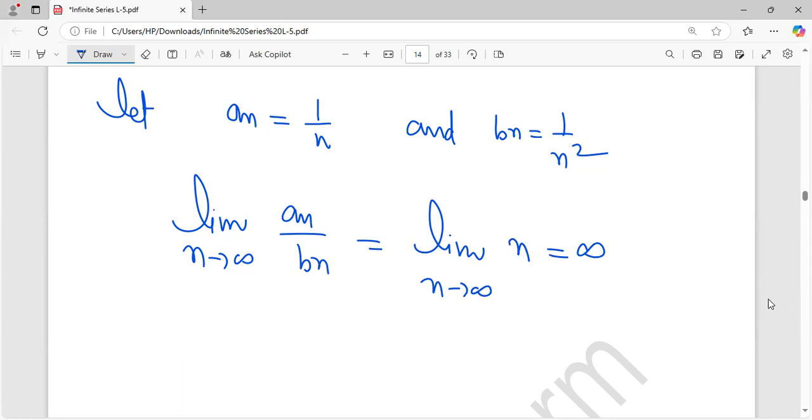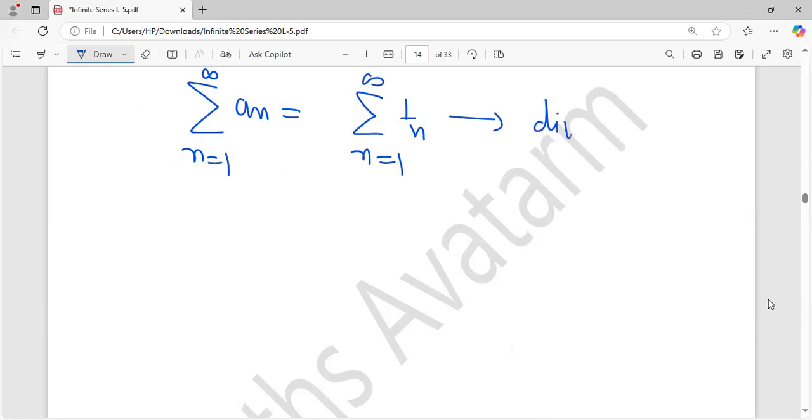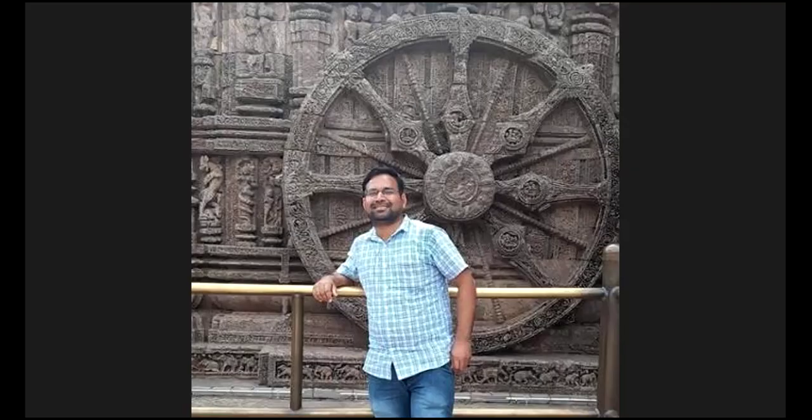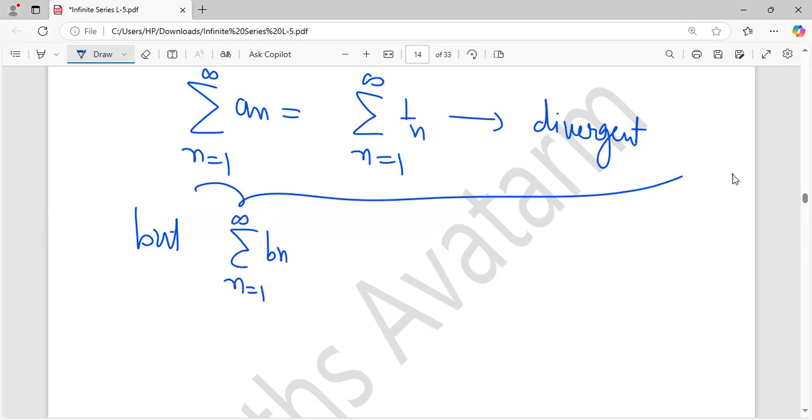The series An, 1 upon n, is divergent, but the summation from n equals 1 to infinity of Bn, equal to the summation of 1 upon n square, is convergent.